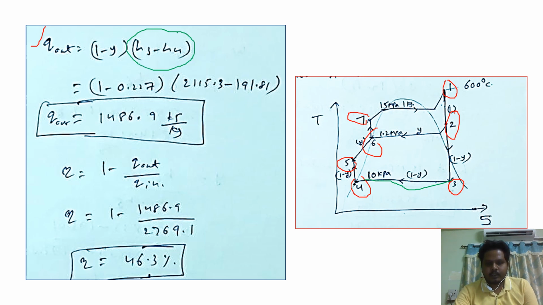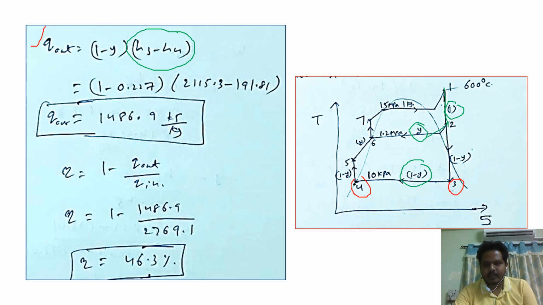In the process 3 to 4, the mass is 1 minus y kg. We already discussed this. Assume that 1 kg mass expands through the high pressure turbine in the process 1 to 2, and a y fraction of steam is extracted at point 2.